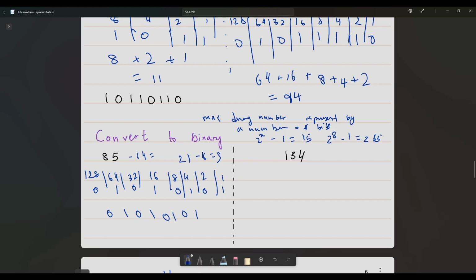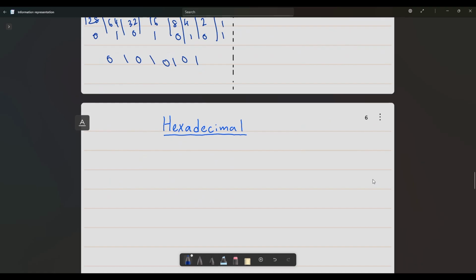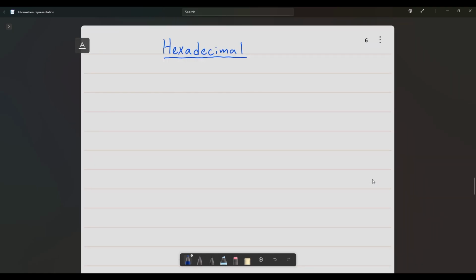So now we'll move on to the hexadecimal number system. We have looked at base 10, denary, which is what we use in everyday life, and binary is base 2, which is what computers use underneath the hood, the on and off switch kind of thing.